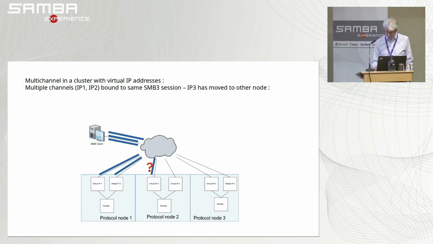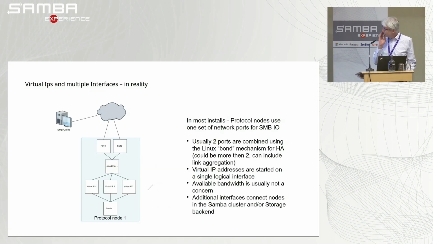But how does it really look if you look a bit closer at our server node? There's again the SMB client. It connects via a link to the network or switches, and from there it connects to the protocol node. What we usually have in our setups is a number of network interface ports in a bond.